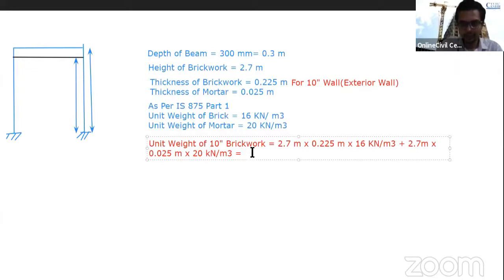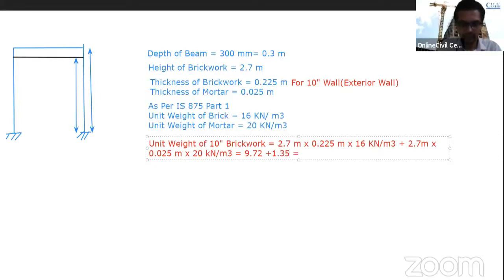We can write a breakup of this, 9.72 plus your 0.025 into 20 into 2.7. So what is the value here? Plus 1.35.